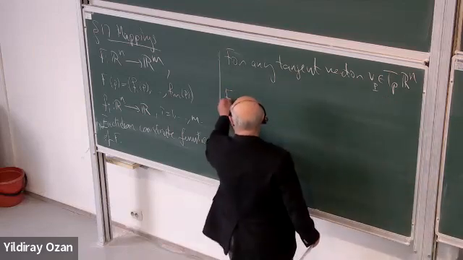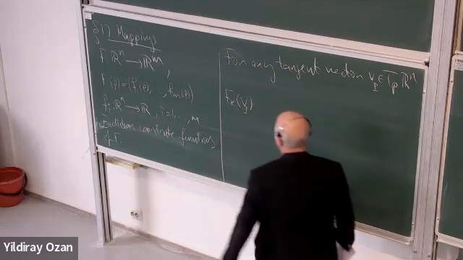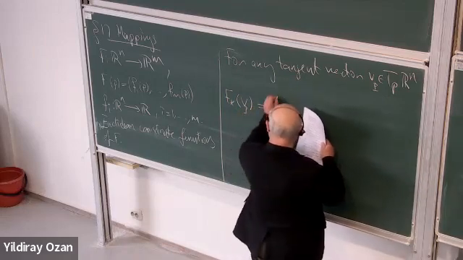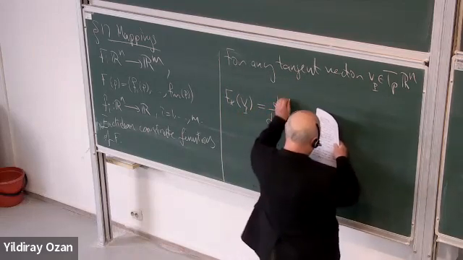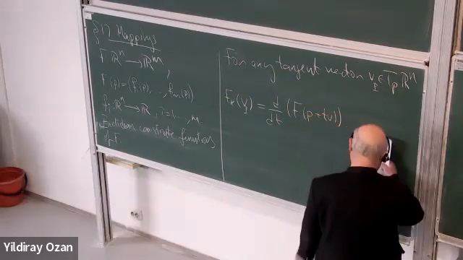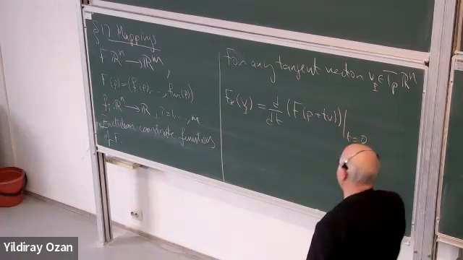We defined the image of this vector under the derivative of f as the velocity vector of this expression at the point 0.